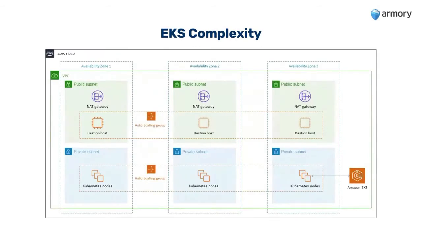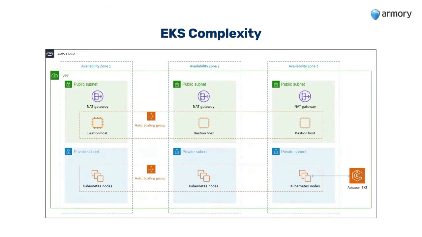Similarly, there's an EKS component, and so we're running our Armory Enterprise Quick Start inside of an EKS cluster, and that EKS cluster is provisioned very similarly to the VPC.